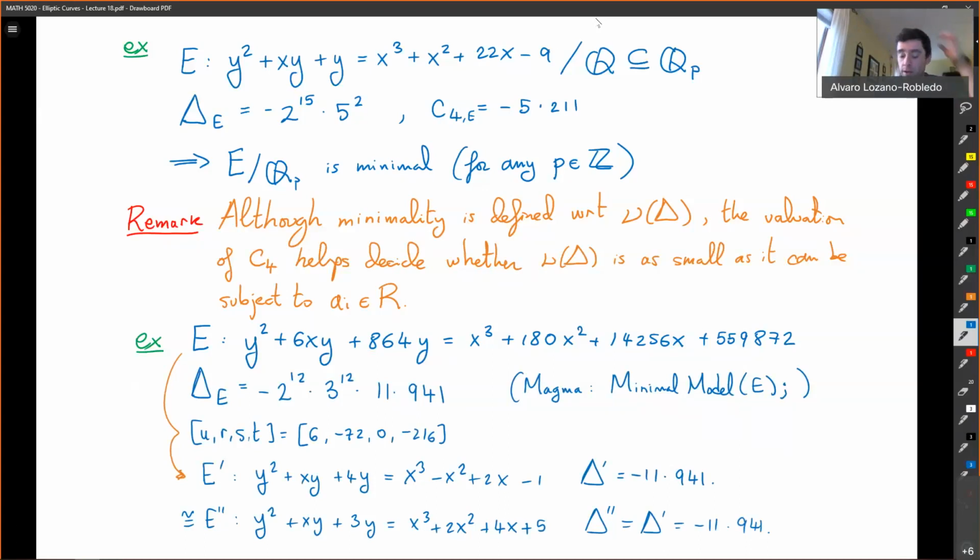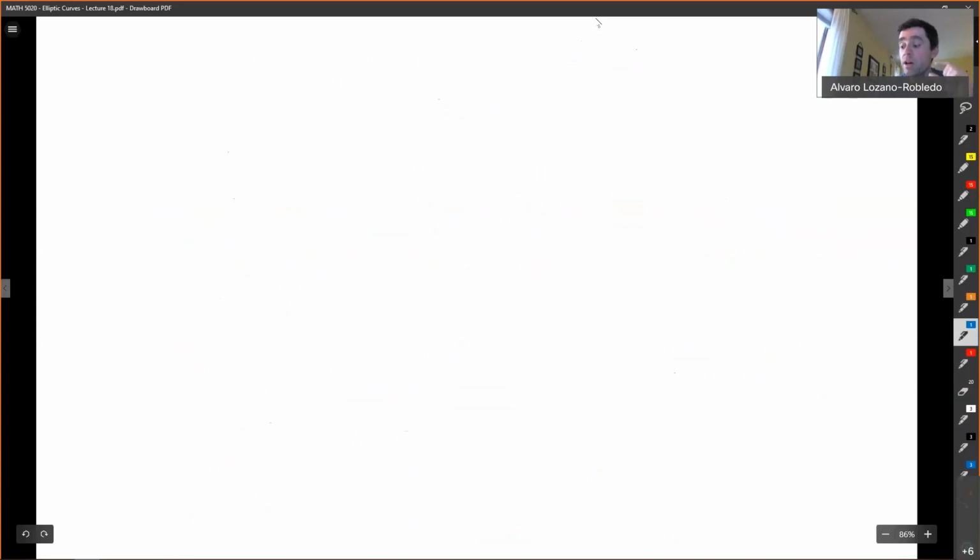Again, the point is that we're looking at elliptic curves that are minimal over Q_p. I'm not saying the elliptic curve is minimal over Q. We would say it's minimal over Q if it's minimal over all its completions, but if you change Q to another field, that might not be possible anymore. So we always have a minimal model over a local field, but this is not true over a global field.